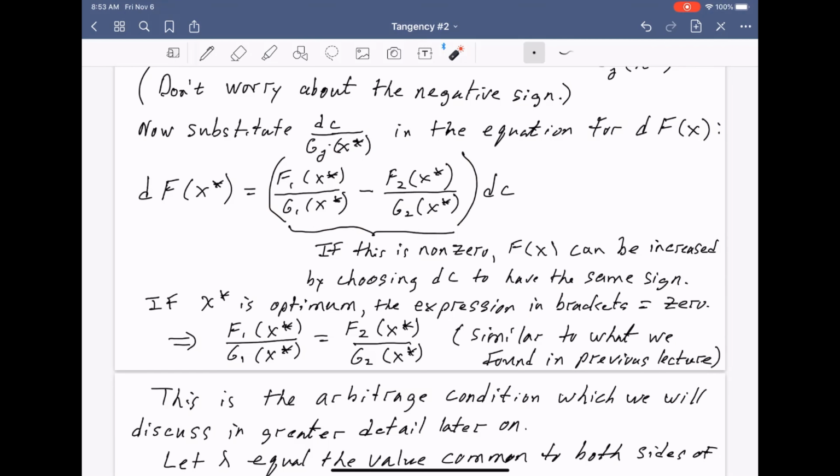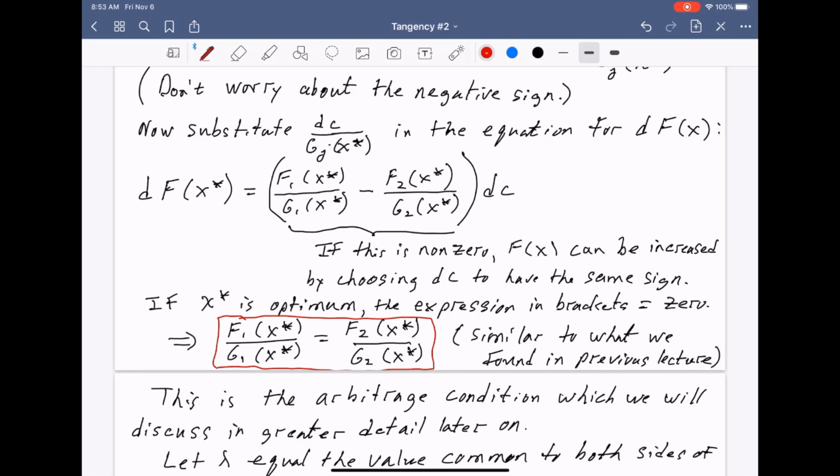So if we're at an optimum, then this should equal 0, in which case we get that these expressions are equal. Okay, so this is our condition here, which is similar to what we had in the previous lecture.